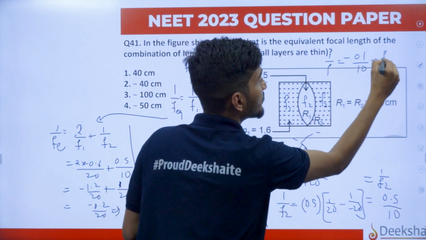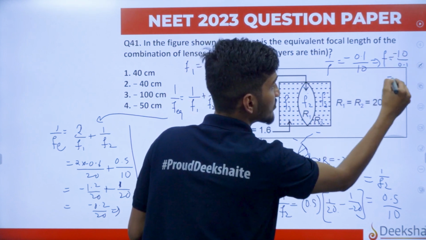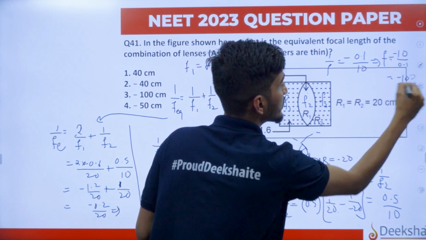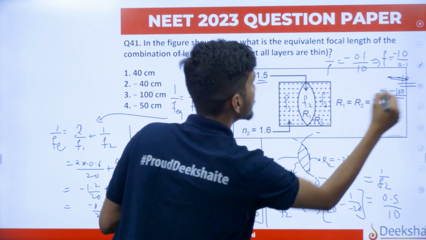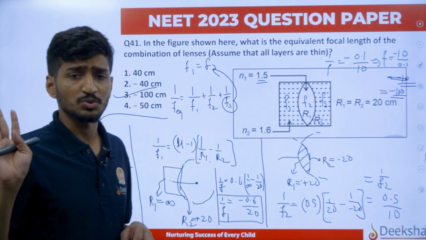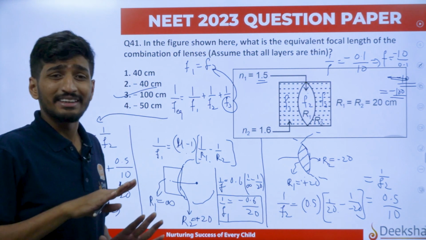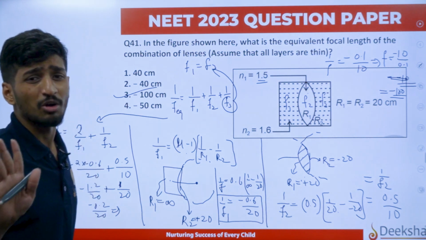So if I just calculate f, then it becomes 10 by 0.1 with a minus sign, or 100 with a minus sign. That should be the answer then, minus 100. And that's option number 3. That should be the correct answer for this question, okay? It might feel like it's complicated, but it's really not.